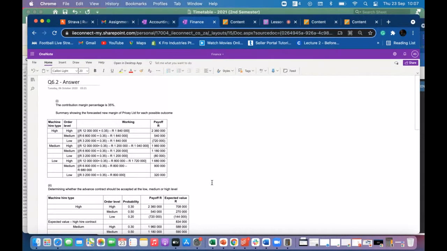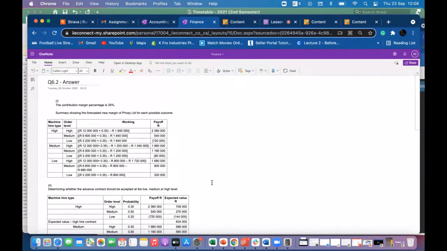If you go under the required, it says prepare a summary showing the forecasted net margin of Pricey Ltd for each possible outcome. On the basis of maximizing expected value, advise Pricey whether the advance contract for machinery hire should be accepted at the low, medium, or high level.